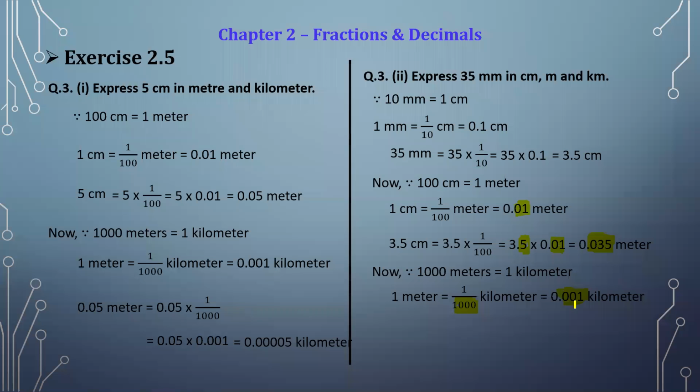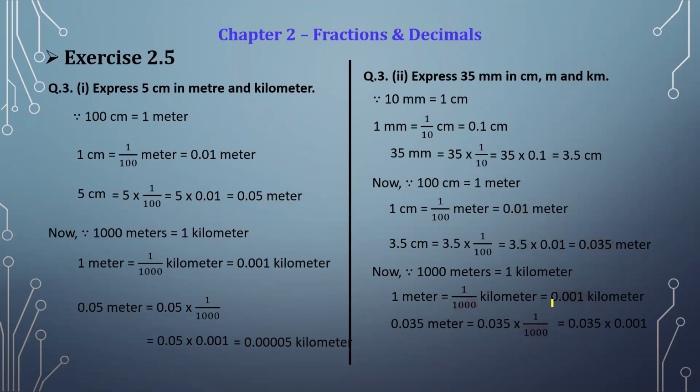Now we have to convert this 0.035 into kilometer. Multiply 0.035 by 1 upon 1000, or 0.001, and we get the final answer.